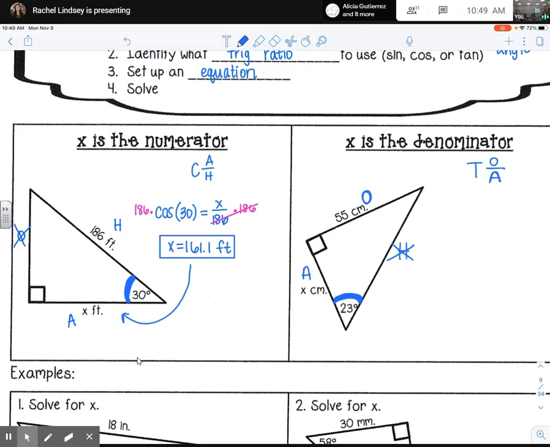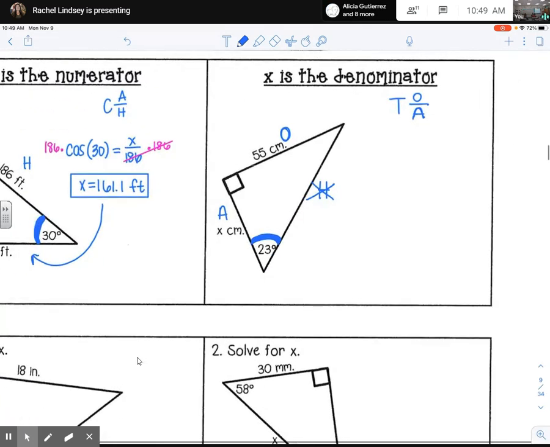So I'm gonna have tangent of my angle 23 equals opposite 55 over adjacent x. So this time, x is in the bottom, over here, x is in the top, so it's just one step.